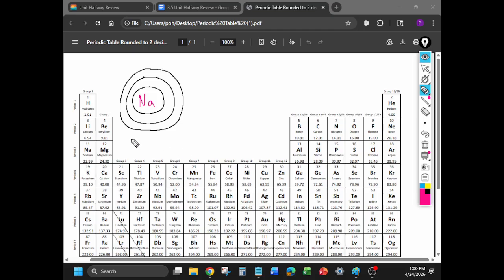So I'll make a little note here. Regular sodium has 3 shells. Now we're going to fill in the shells. I'm just going to tell you, to speed things up: the first shell has 2 electrons. The second shell has 8 electrons.